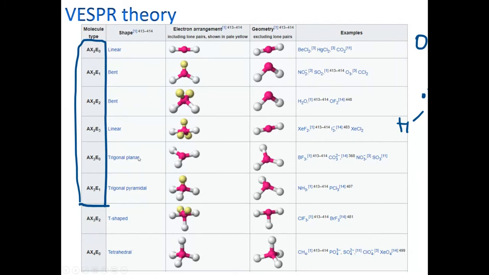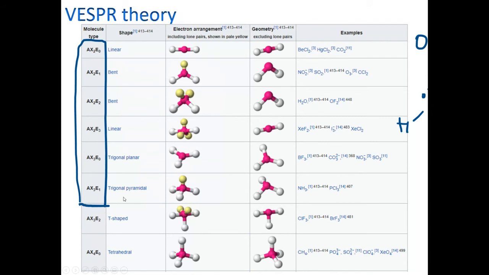The idea here is that we are only going to be interested in molecules that have a steric number up to 4. Anything that has more than 4, you need to be aware of it, but it's not going to be needed for your exam.